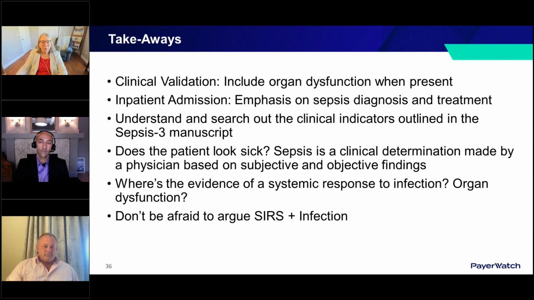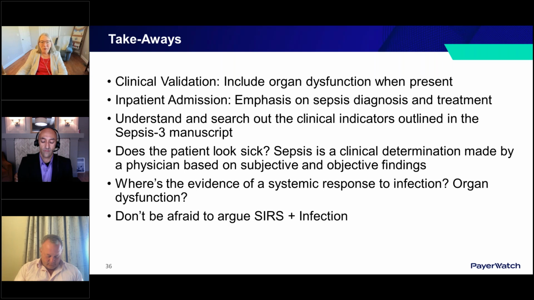Okay, so some takeaways from at least my portion of the presentation today include organ dysfunction when it's present in your clinical validation appeals. For your inpatient admissions, the emphasis on the sepsis diagnosis and treatment. Understand and search out the clinical indicators outlined in the Sepsis-3 manuscript. Does the patient look sick? Please, let's talk about how sick the patient is.